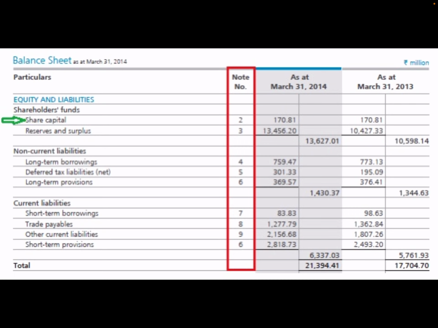For example, a line item in the balance sheet under equity and liability is the share capital, as pointed out by the green arrow. If you notice, there is a note number associated with the share capital. These are called the schedules related to the financial statement.